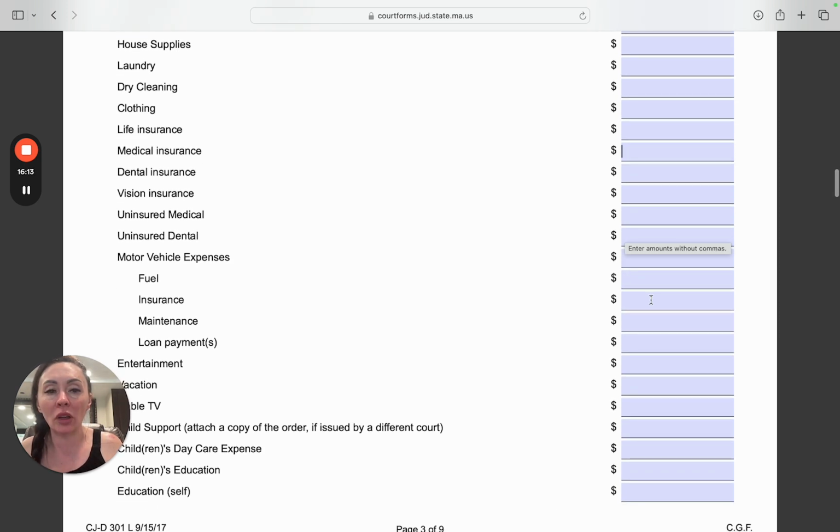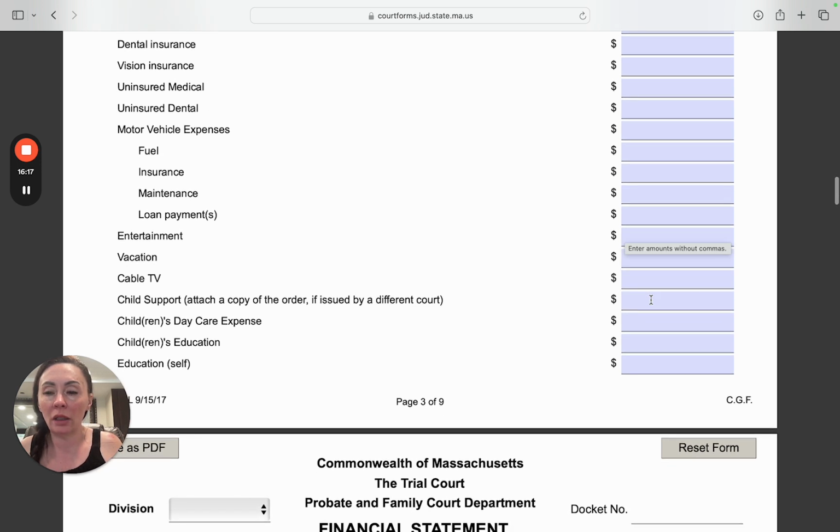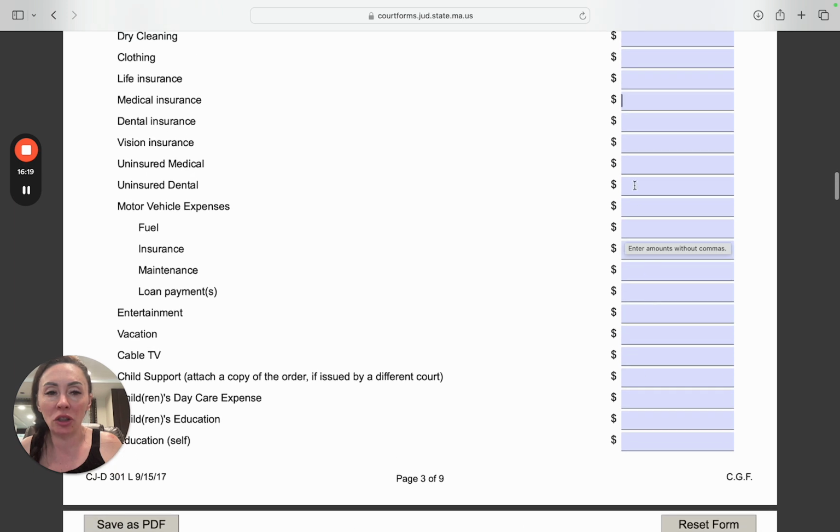Same thing really with the dental and vision. Scrolling along here, uninsured medical, uninsured dental, copays. Whatever your copay is, if you aren't a healthy person or you've got 6 kids and you're at the doctor a lot, those copays add up. So make sure that we're reporting those accurately.